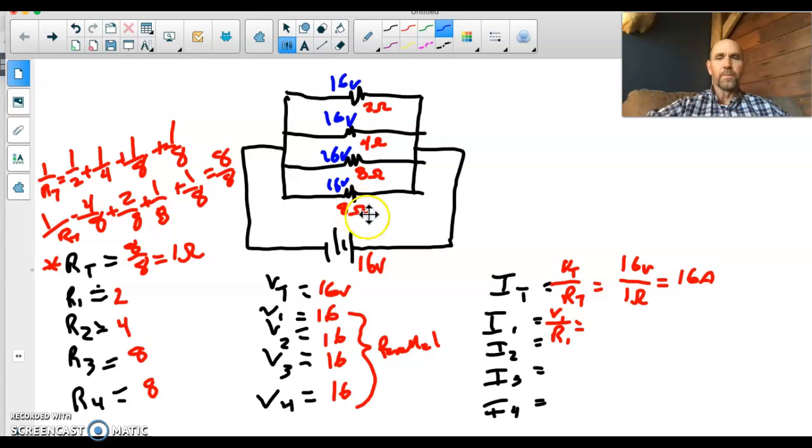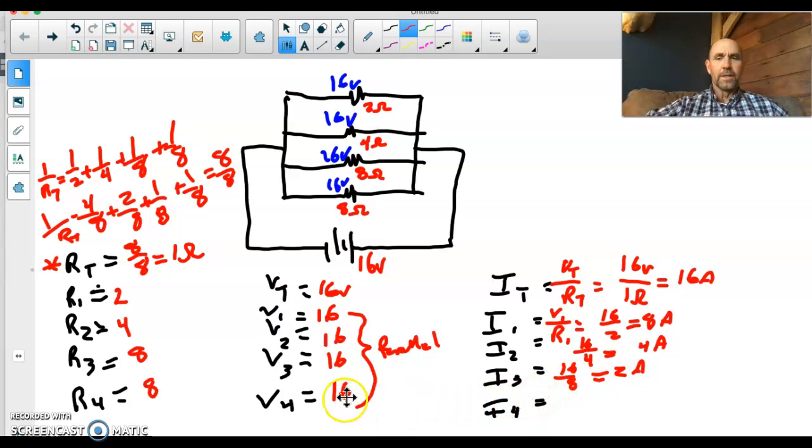It's a parallel circuit. So we're going to take 16 divided by 2, which is 8 amps. We're going to take 16 divided by 4, which is 4 amps. We're going to take 16 divided by 8. Again, I'm just taking voltage divided by resistance, which is 2 amps.